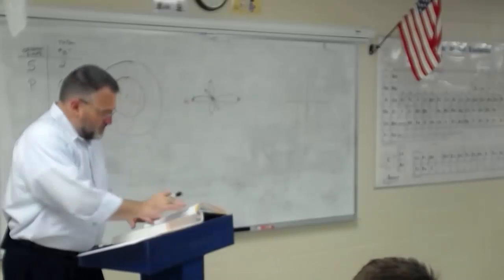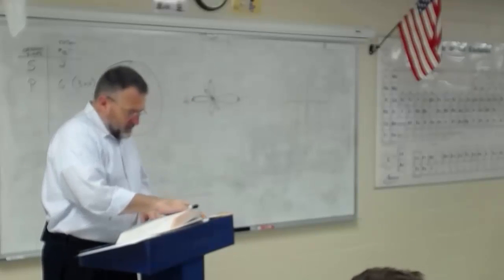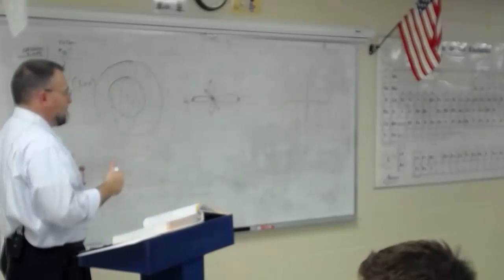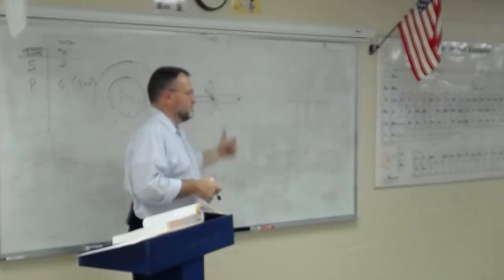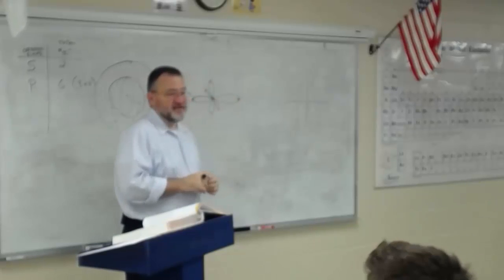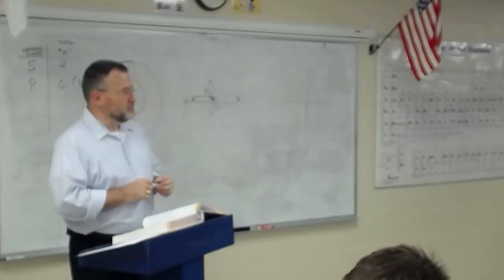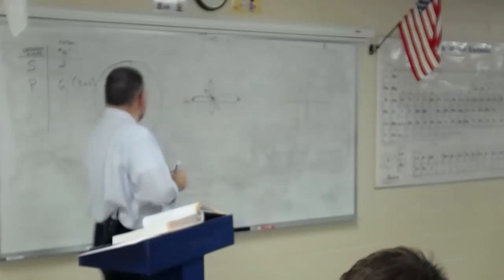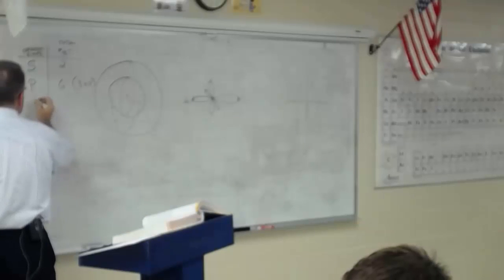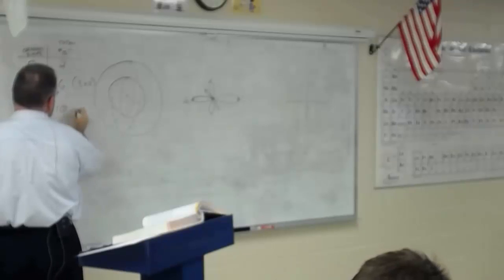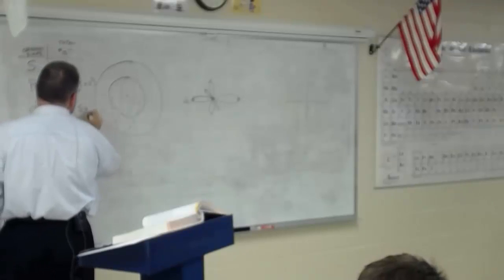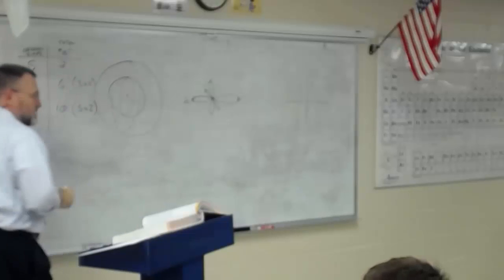But the d orbitals have 5 different shapes within them, 5 different pathways within them. So how many electrons can a d orbital hold? 10, right? The d's, these are all technically lowercase. The d's can hold a total of 10 electrons because they have 5 different orbital shapes, and each one can hold 2 electrons.